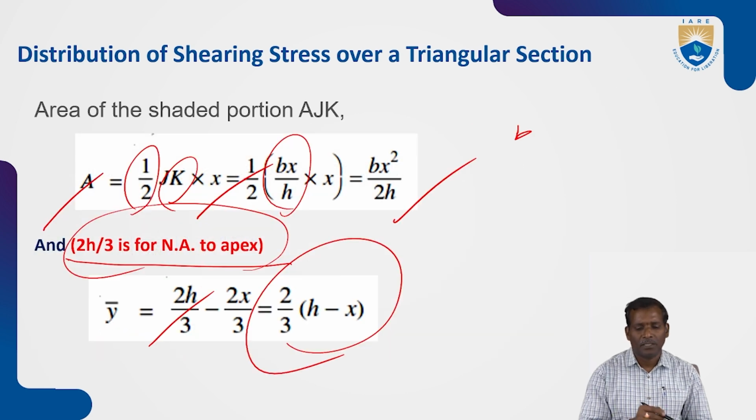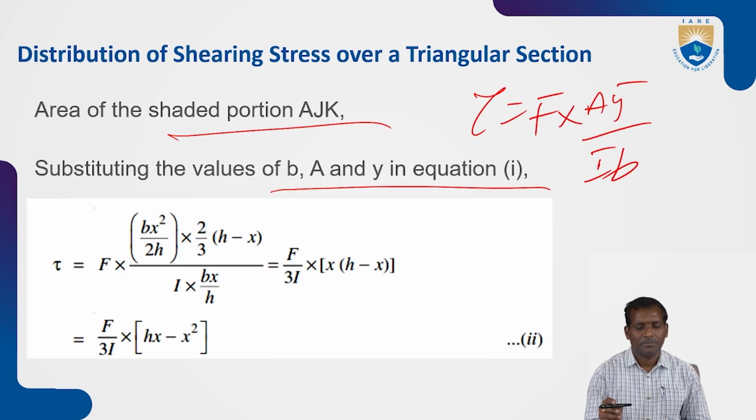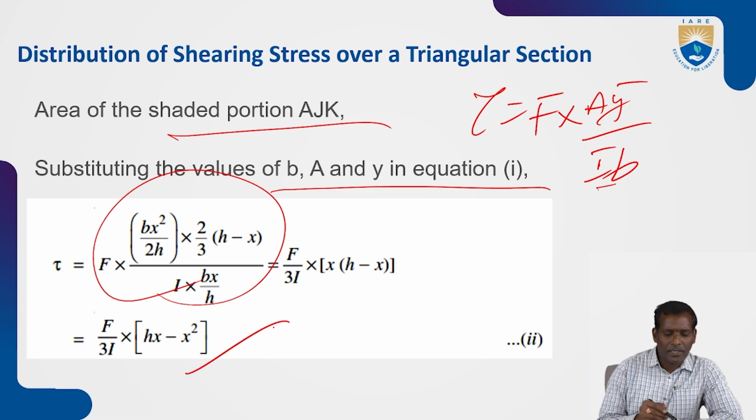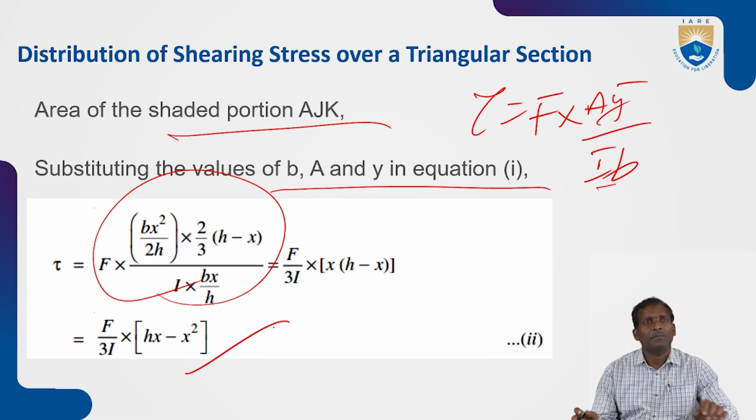A is Bx square by 2H, and y bar, and then I into b. Substitute those values in this equation, and you will get finally F by 3I into Hx minus x.